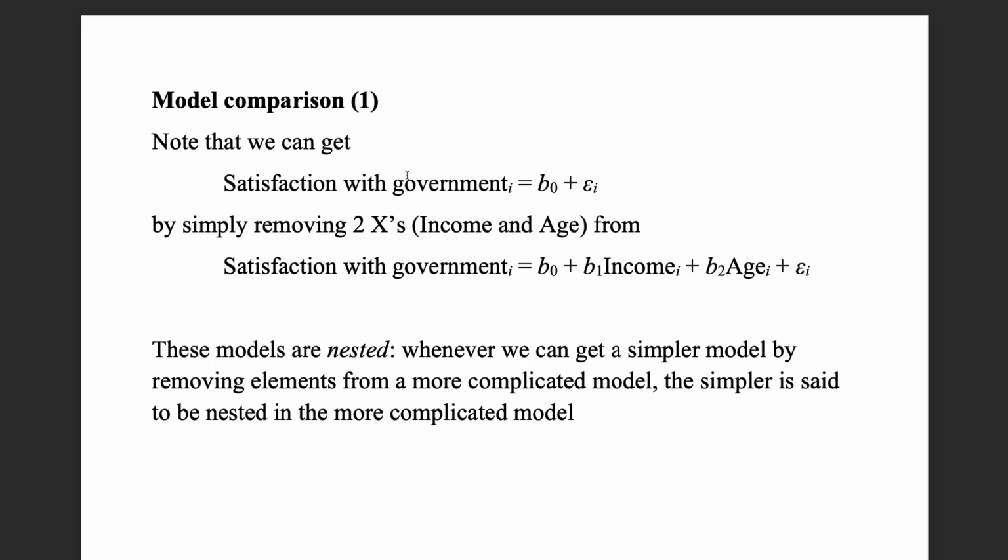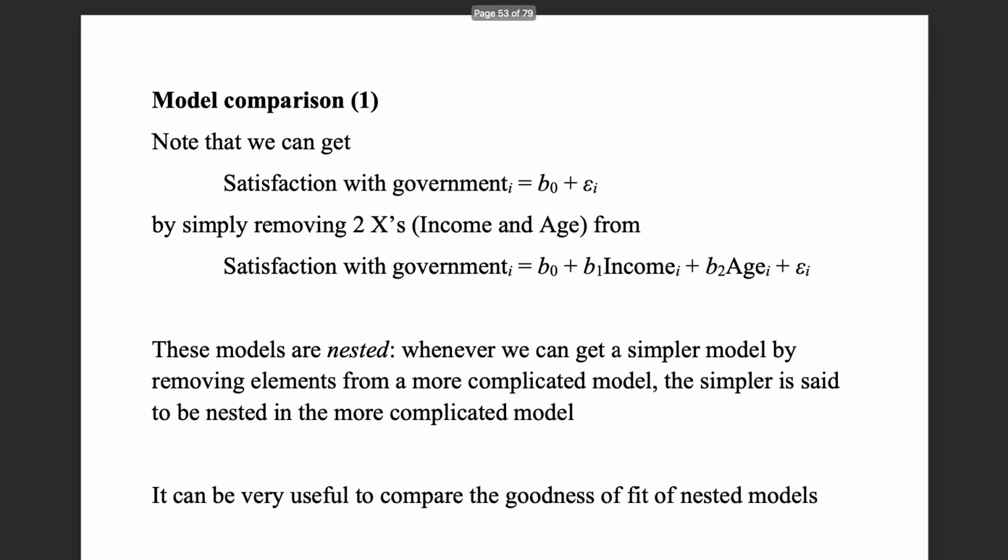So in this case, you could say the model that we have up here, so just taking B0, the mean value of satisfaction with government, is nested in this more general complicated model. Because this is just a simpler version of this, where we have forced B1 and B2 to take the value 0. So in general, we will often have a situation where we have different potential models, where our simpler models are actually nested within our more complicated models.